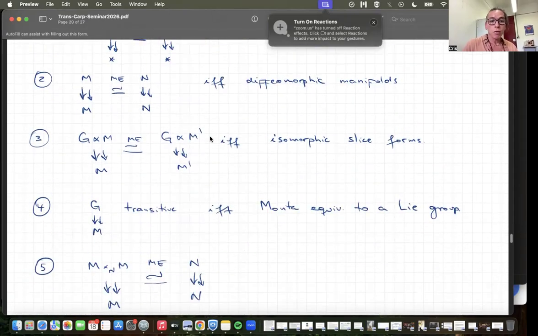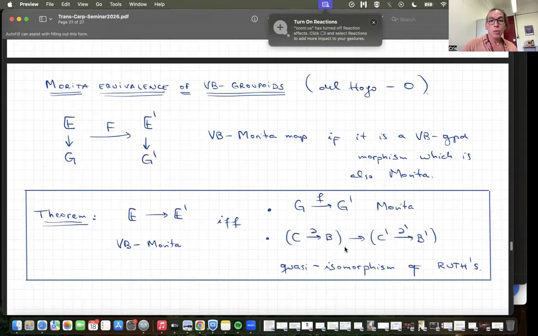So you can do the same for VB groupoids, but now you have a two-term complex of vector bundles over M, and this C prime, B prime will be a complex of vector bundles over M prime. These are models for the fibers of the VB groupoid. And this map is VB Morita if it is Morita on the base and Morita between the fibers, which tells you that these two complexes are quasi-isomorphic.